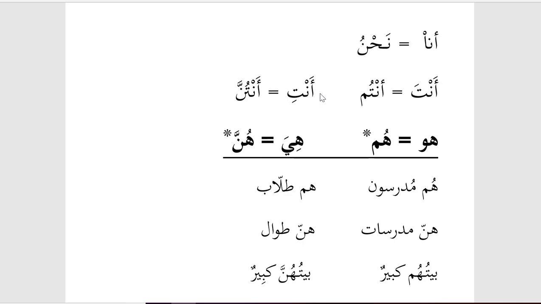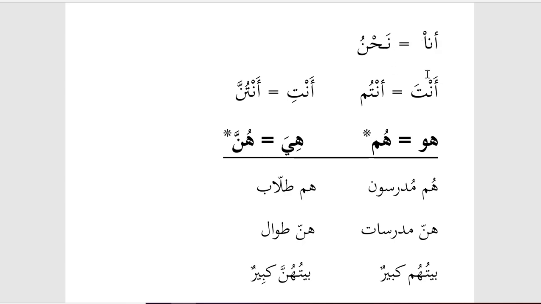And dhama'ir are mabni, that they themselves don't change. Now, there are different pronouns. You have subject pronouns, which is what we're looking at today. You have object pronouns, which we'll look at inshallah tomorrow. But subject pronouns, pronouns that are talking about who the sentence is about, no matter where they're at in the sentence, they don't change. Okay, so they are mabni.